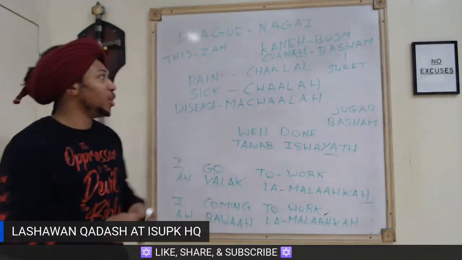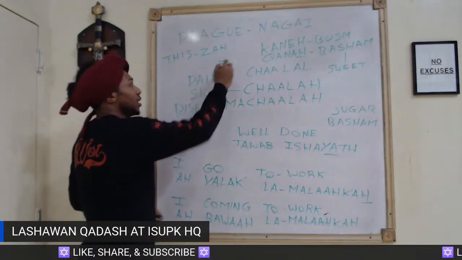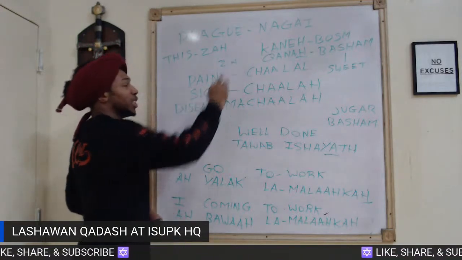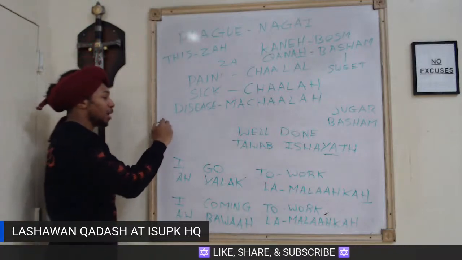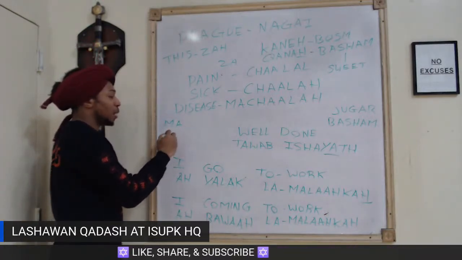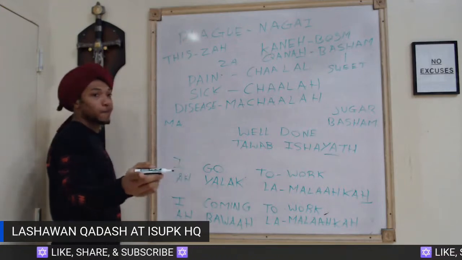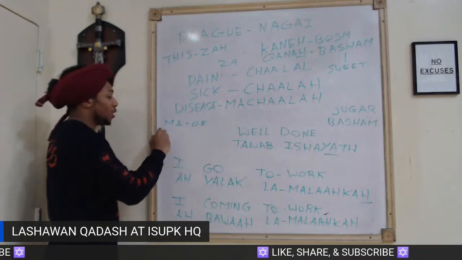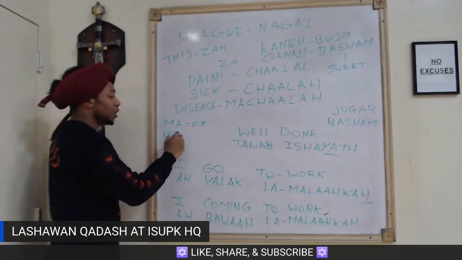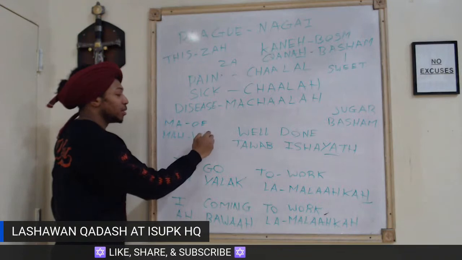If you say it the wrong way, I'm gonna just say this. Remember before we had the ma. What does ma mean? Of. And then we have another ma. What does that mean?